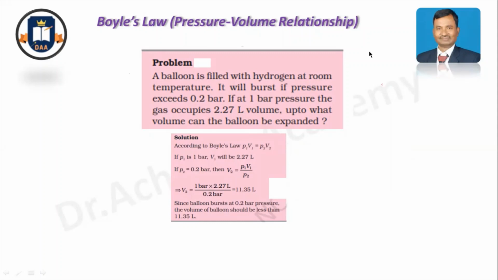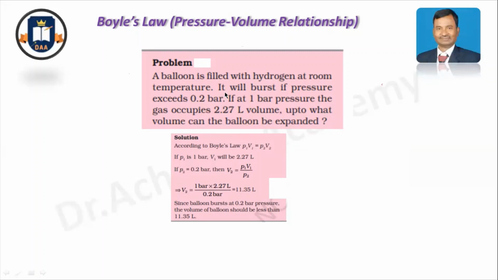So we'll solve this. A balloon is filled with hydrogen at room temperature. It will burst if pressure exceeds 0.2 bar. Bar is the unit of pressure. If at 1 bar pressure the gas occupies 2.27 liter volume, up to what volume can the balloon be expanded?